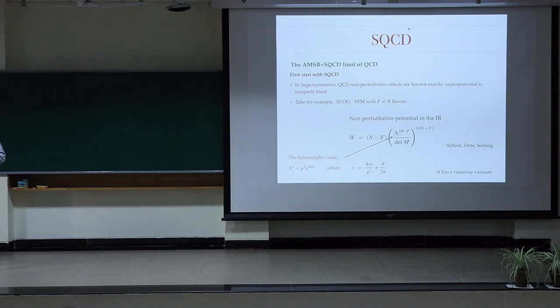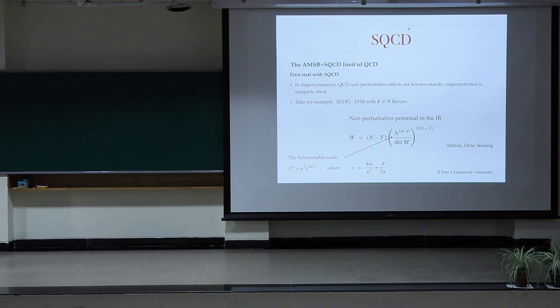It's the holomorphic scale. This is supersymmetry, SQCD, N equal to 1, last century physics. Very good. And this is the holomorphic scale, which broadly speaking, you can compare to our QCD.